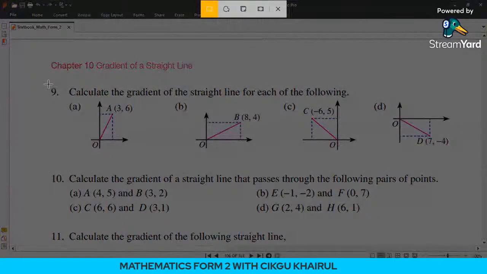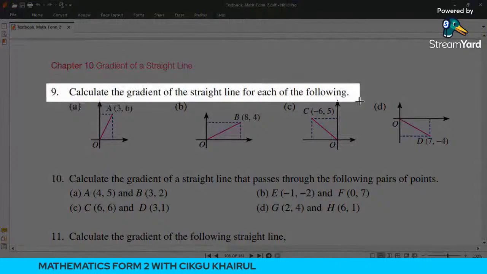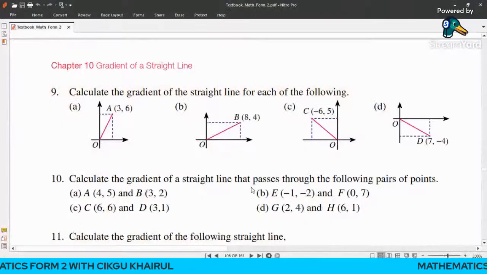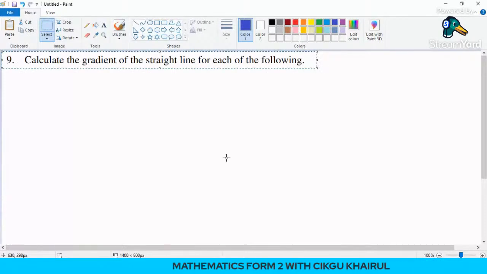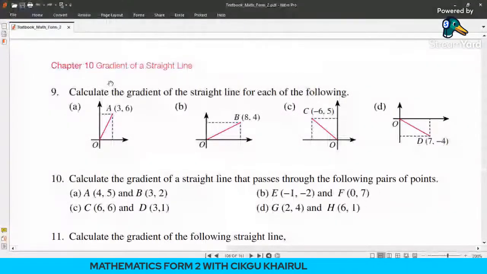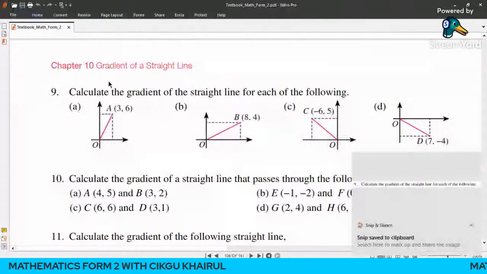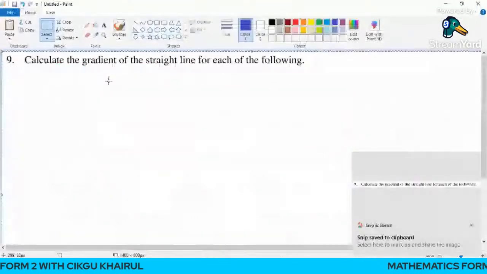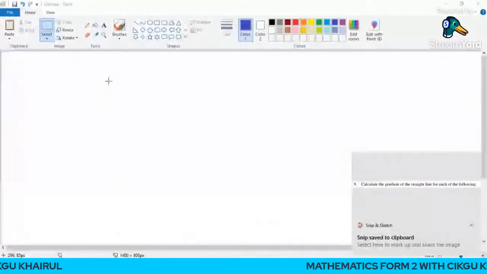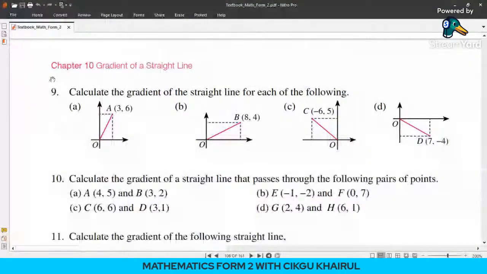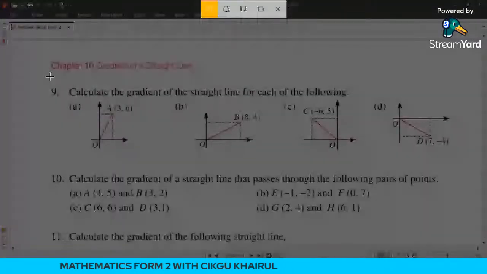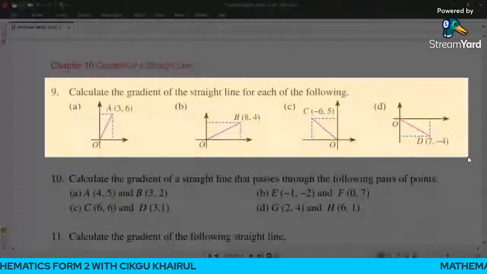Okay, question number 9, and then I open the pen here. Now the diagram. I think I copy everything, number 9 and A until D.